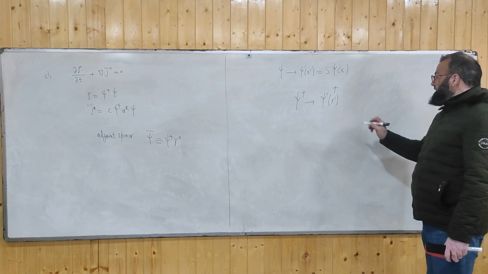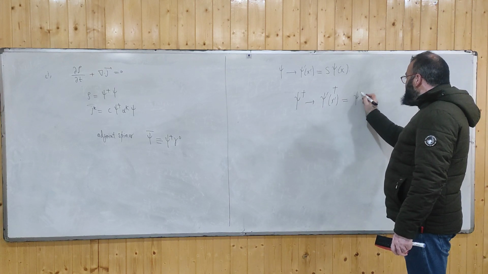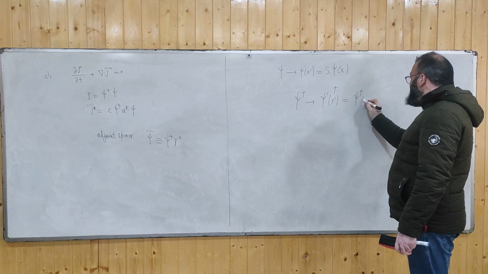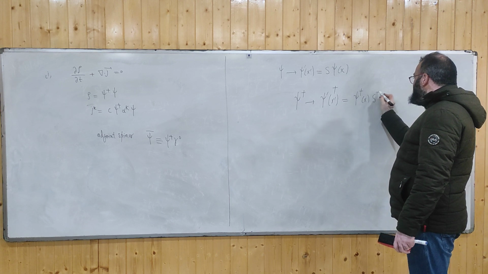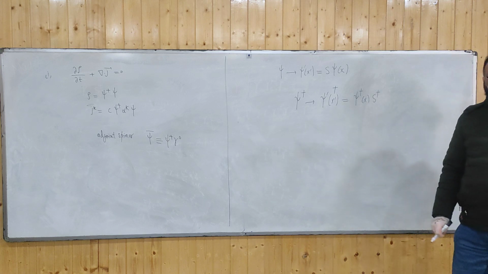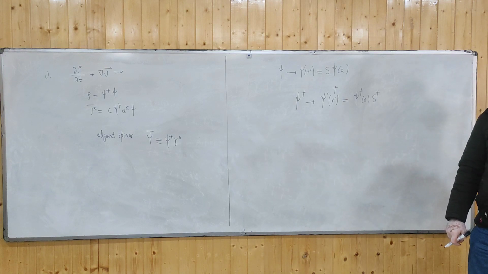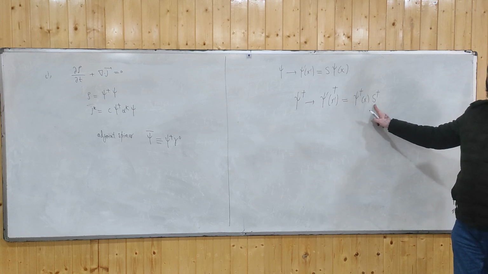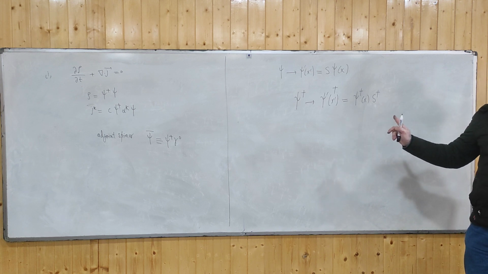You need to take the dagger of this very object. So psi dagger goes as psi dagger of x and S dagger. Clear? So we have seen now that S dagger is not equal to S inverse.